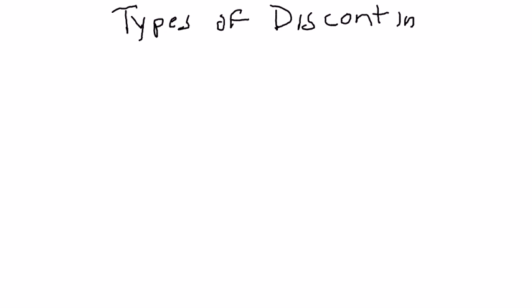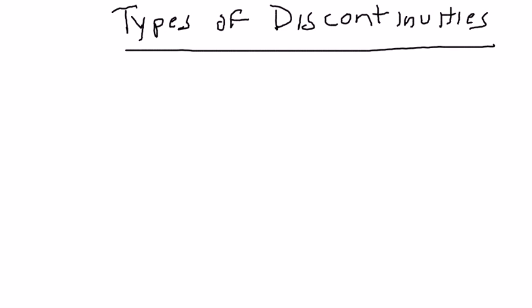There are three different types of discontinuity that we look at. The first is a point.